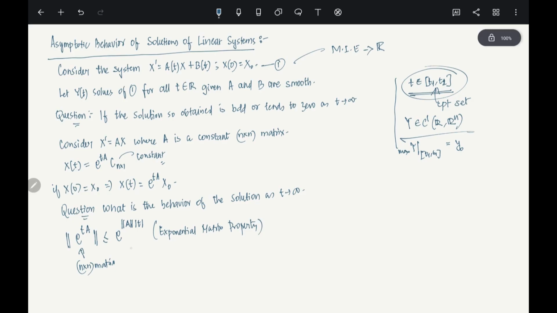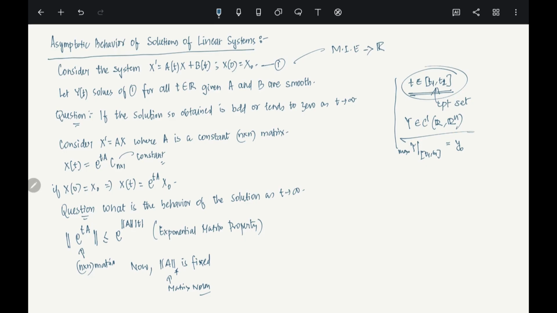Now given A is constant, norm A is fixed. Remember, norm A is the matrix norm or operator norm, whatever you want to call it. You can take the L2 norm also, it does not really matter. What I am trying to say is that it is always bounded above.